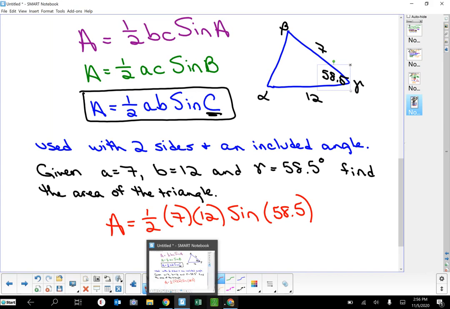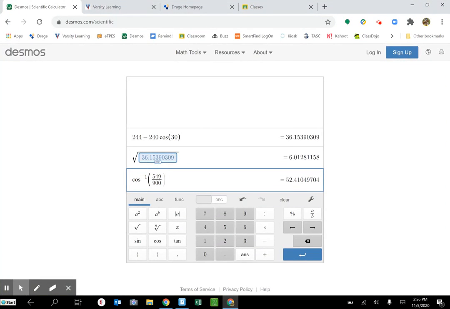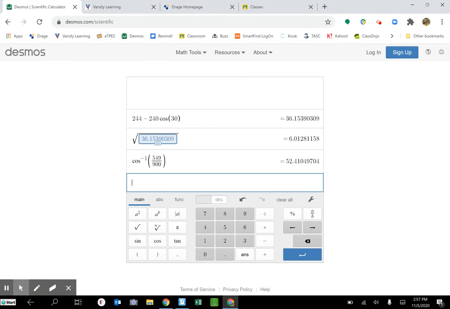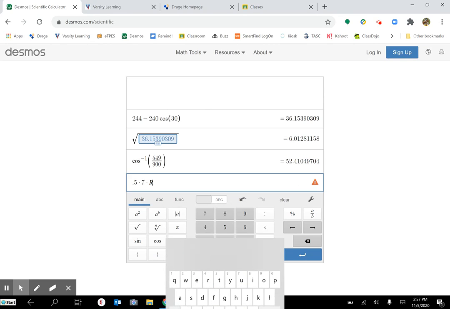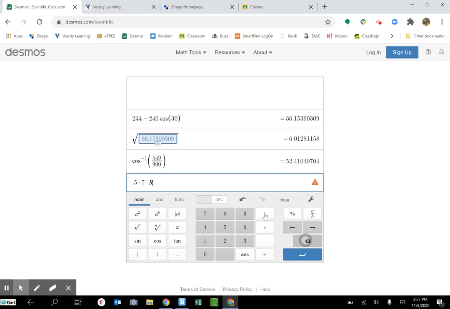So we'll just jump over to Desmos. We'll hit enter here. And we're going to go 1/2, which is just 0.5, right? We'll just shortcut that, times 7 times 12. Back that up.